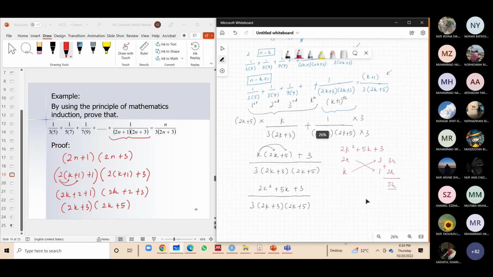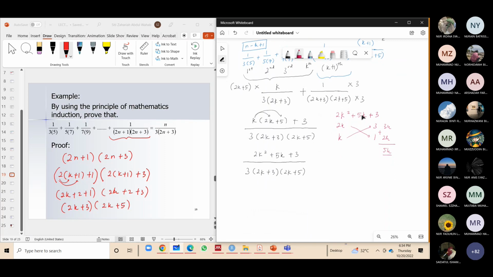So we can write the factors horizontally: (2k+3)(k+1) over 3(2k+3)(2k+5).